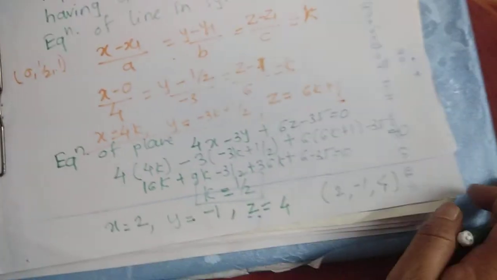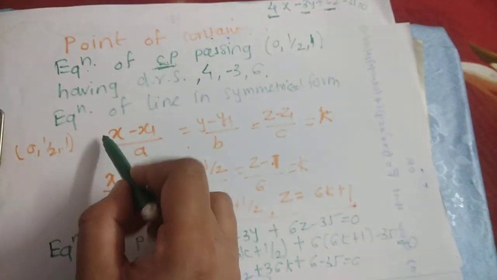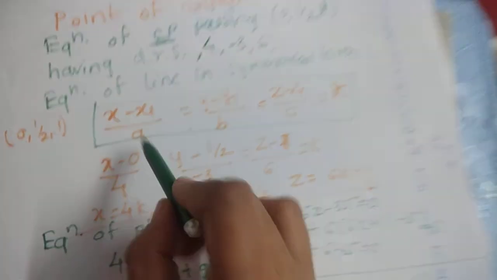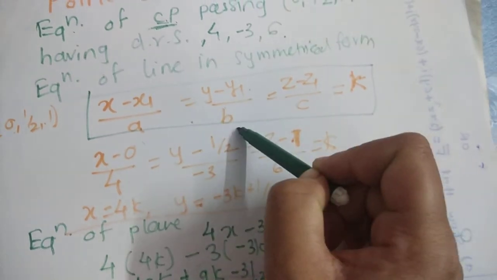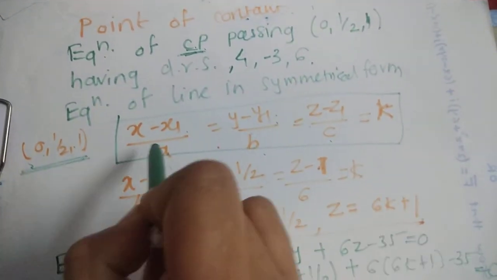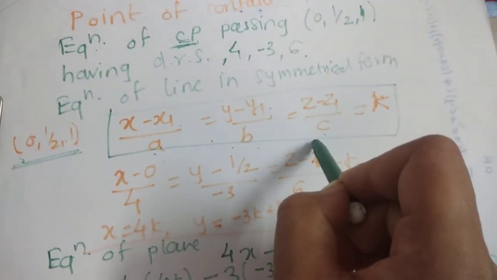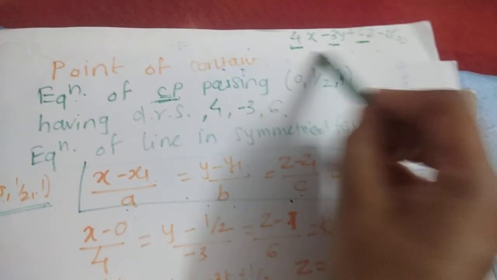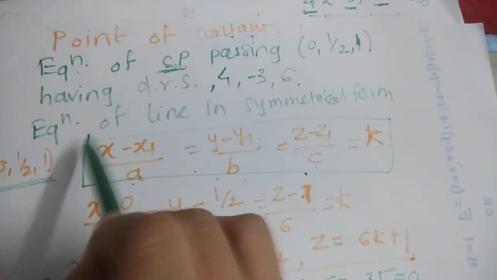So to find the point of contact on the tangent plane, you use the equation of a line in symmetrical form, x minus x1 upon a equal to y minus y1 upon b equal to z minus z1 upon c. Here x1, y1, z1 is the center of the sphere, and a, b, c are the DRs. This line CP is perpendicular to the plane, therefore the DRs of the plane are the same as the DRs of the line CP.